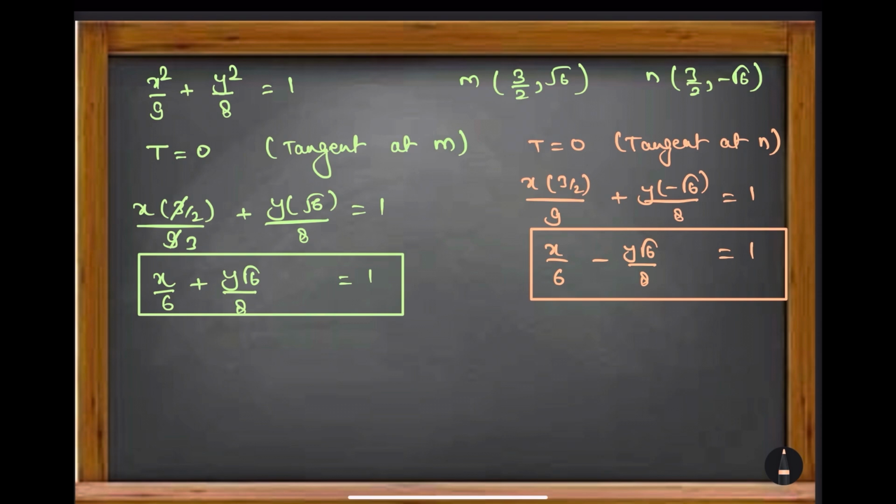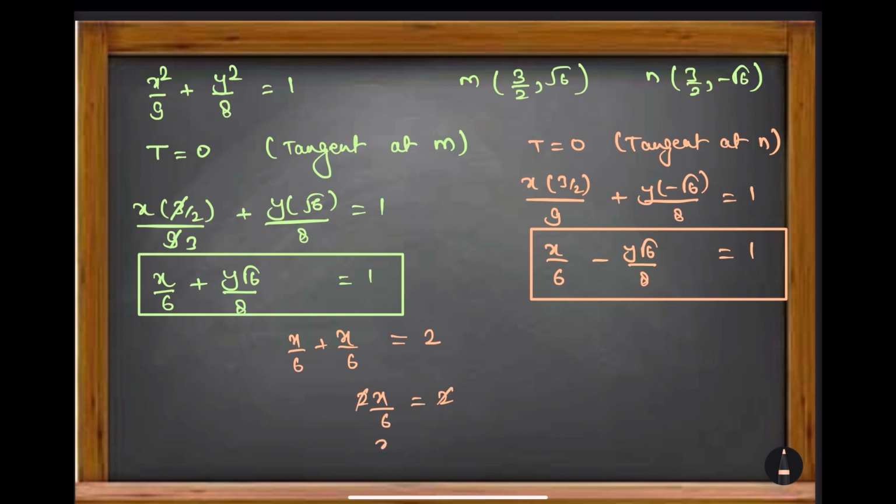So if we solve these two tangents, you know that we will get the point of intersection of tangents. Correct? So we are interested in finding the intersection point. So we have to solve these two things. So I will add. X by 6 plus x by 6, these two things are the same but y terms are of opposite sign, so it will become 0. So 2 times x by 6 equals to 2.